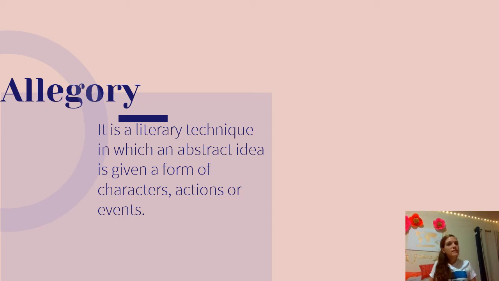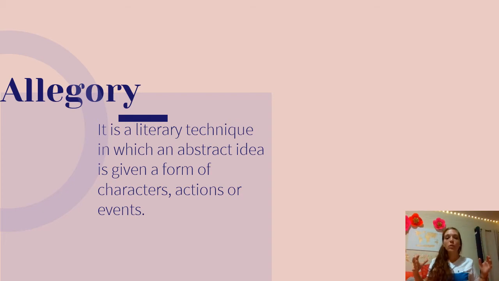And he used it by what? Representing the lack of education, trapping you in a cave by showing people trapped in the cave and what happens to those people. So he was presenting an abstract idea, the lack of education and what it does to you, by using a form of characters, actions, or events, people trapped in a cave.